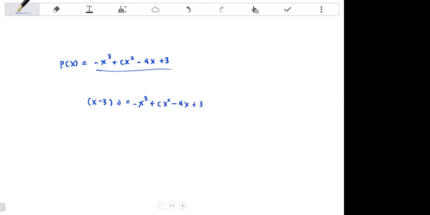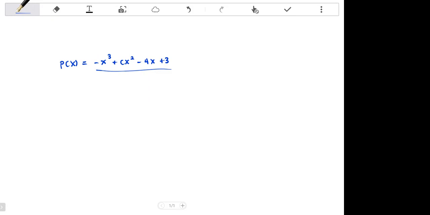Okay, no, sorry, I did not explain this well. What it means by divisible is that there are no remainders, okay?